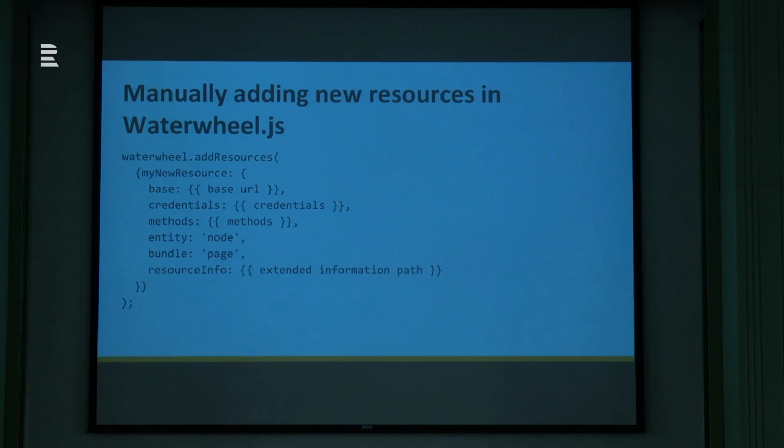So you'll create this kind of object and set the base, set credentials to use, set the methods, and you'll say, okay, for the get method, use this link. For patch, use this. For update, use this. And for information, use this. And then Waterwheel will know how to handle this type of resource.